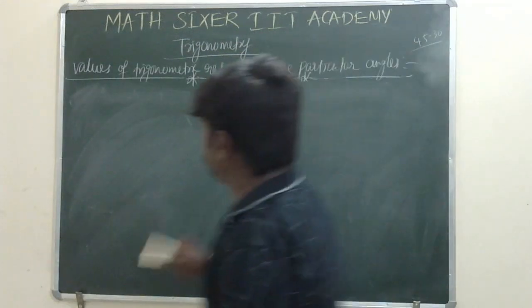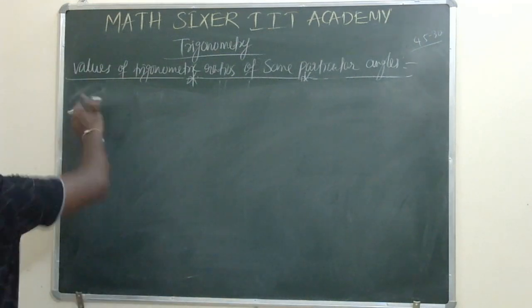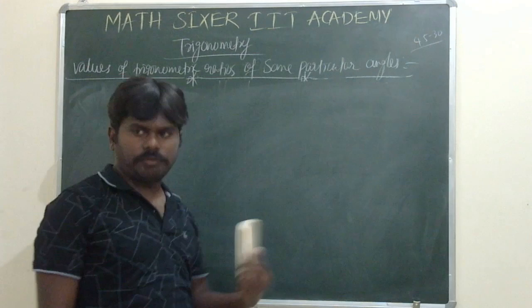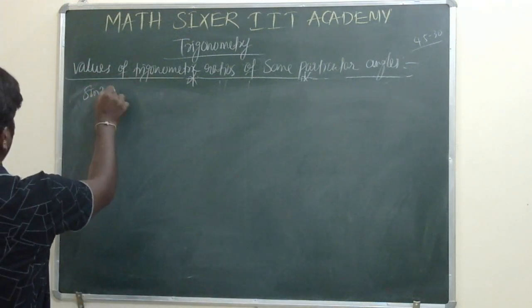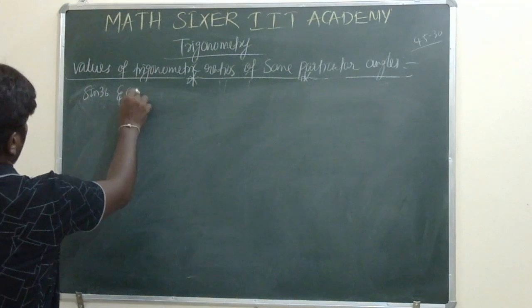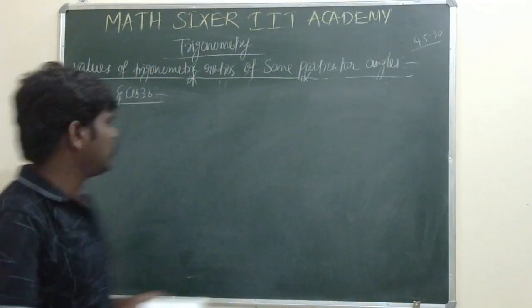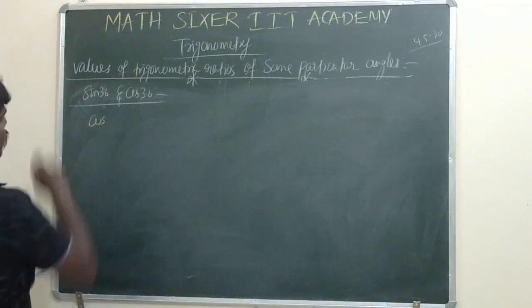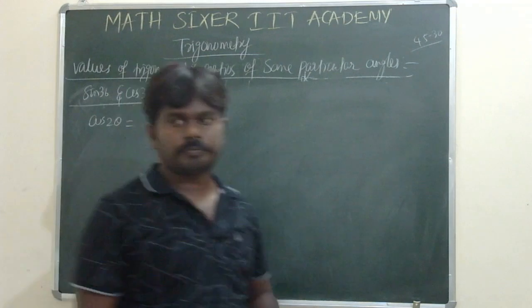So next we have at 36. So just now we have seen at 18, now we will see at 36. So sin 36 and cos 36. Okay, so first of all, cos 36, what I am using here is the cos 2 theta formula.